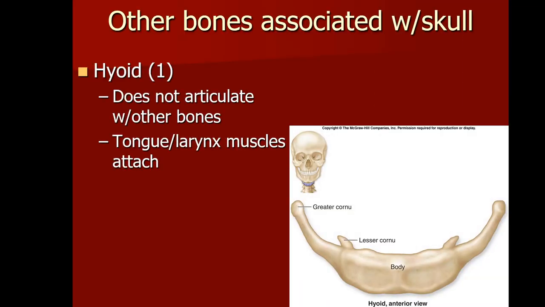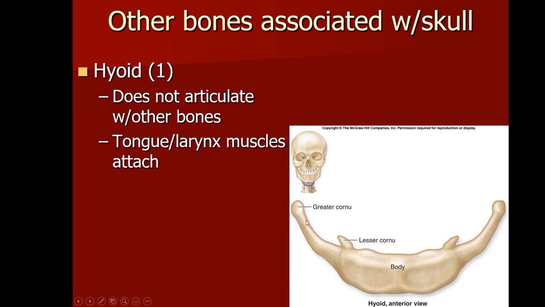All right, we also have a hyoid bone, which is unique. It sits right here in the neck region. This is the only bone in the body that does not articulate with another bone, basically meaning it doesn't touch and interact with any other bones. It's just held in place by soft tissue. So you get some muscles from the tongue and voice box attached there.